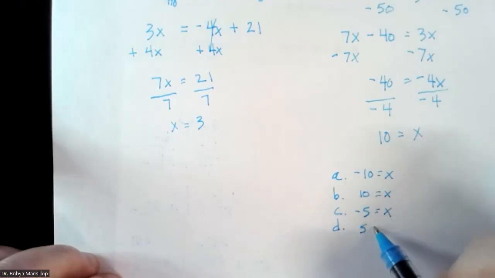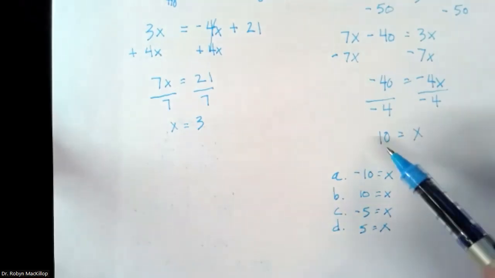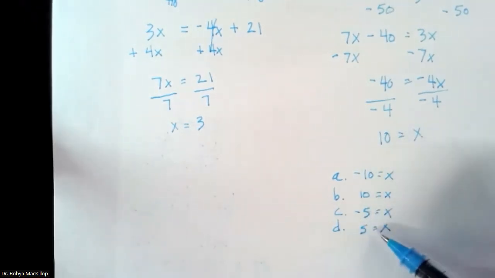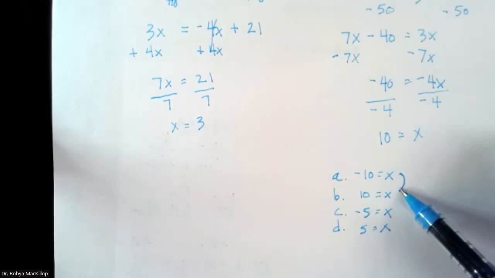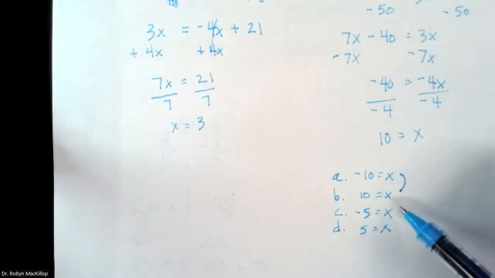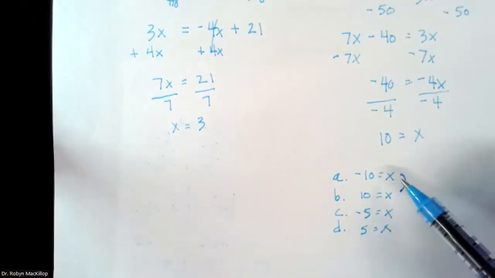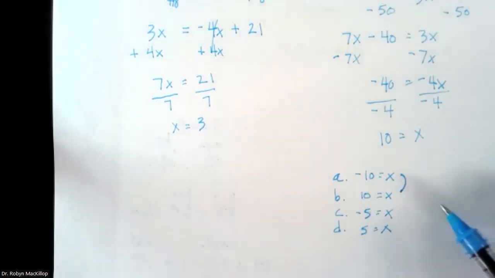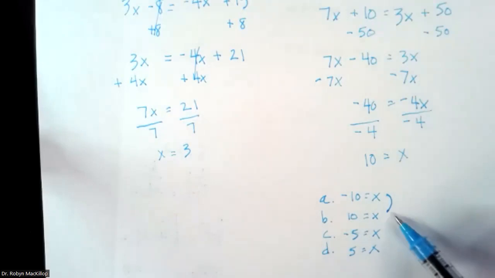See what they do? So you can for sure know that these two are not correct, but now you're stuck trying to figure out if you did it right. Is it negative or is it positive? It's really easy to get wrong, especially when you're under stress. Your brain doesn't work as well when you're stressed, and so they do things like this just to kind of mess with you. It's not great. I don't love it.